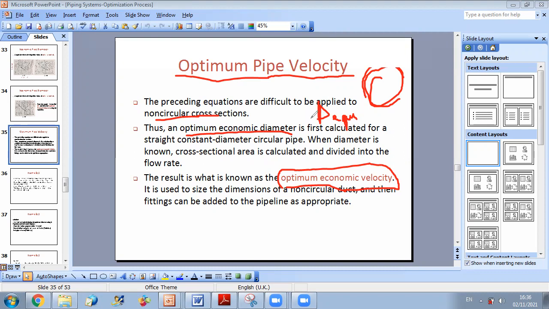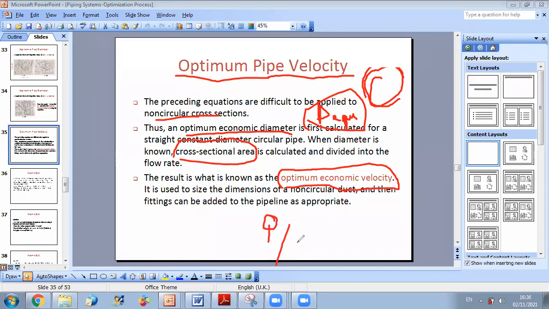I determine the optimum. Now, knowing the optimum, I find the cross-sectional area by doing pi d square over 4. Knowing the cross-sectional area, I can divide the flow rate by it. The flow rate Q is given.